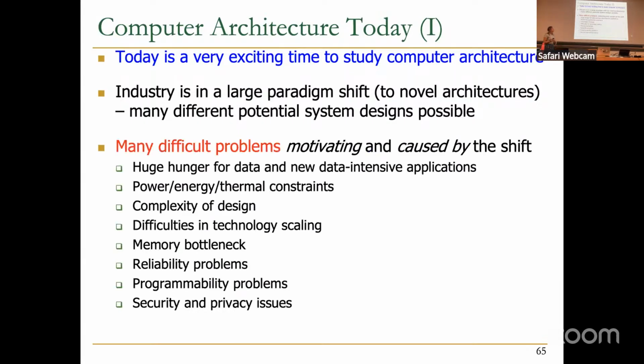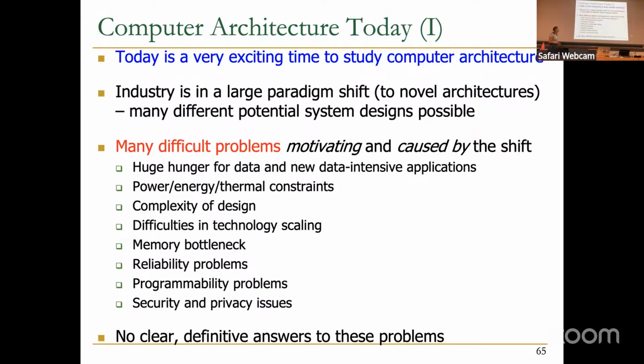So what we have to keep in mind is that there are difficult problems nowadays that drive changes in computer architecture, but also problems that are caused by shifts in computer architecture. So there are so many different aspects that we have to take into account. It's a very complex design space, and there are no easy answers and choices when you're designing a system.